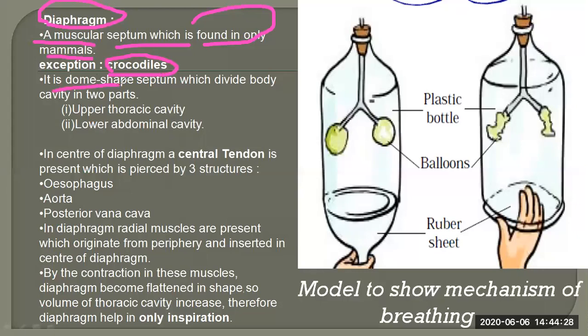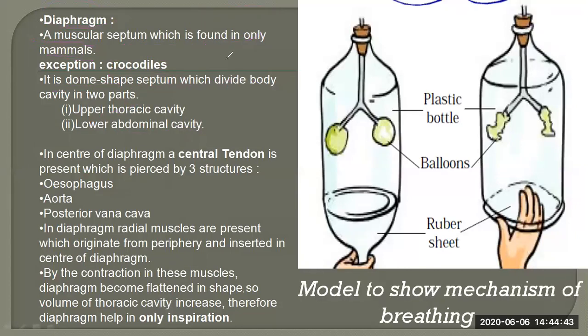It is dome shaped, and the septum divides the body cavity into two different regions: the upper thoracic cavity and the lower abdominal cavity. We have already discussed the diaphragm in the last class.